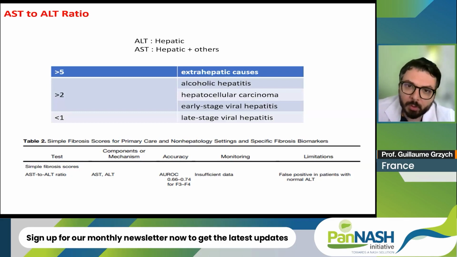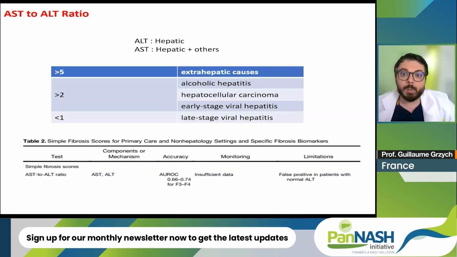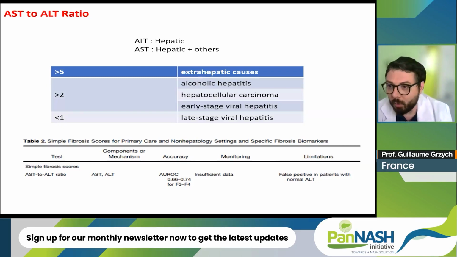So it's important to measure the two transaminases and to make a ratio between them. Indeed, when you have a higher elevation of ALT compared to AST, it is more specific to the liver than other causes of transaminase elevation. So you can use this ratio when you measure transaminases in a patient to be able to differentiate between a liver cause and a non-liver cause.